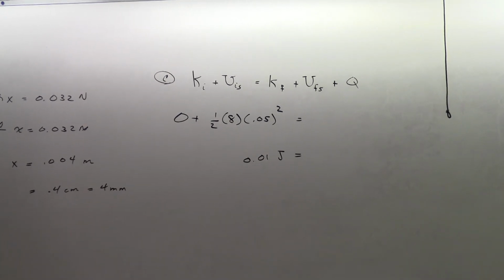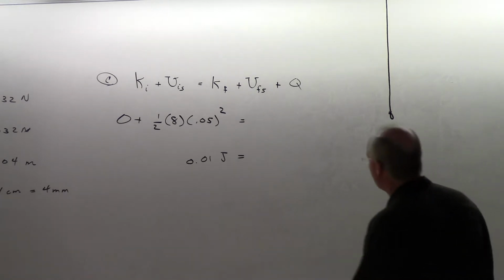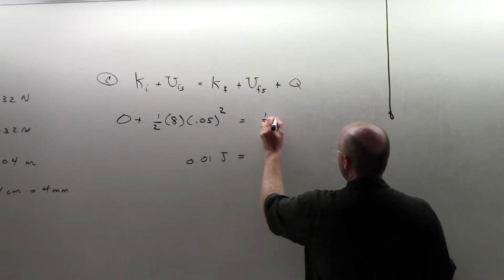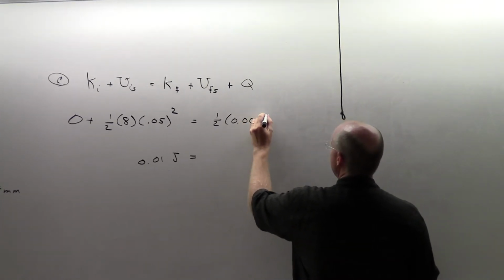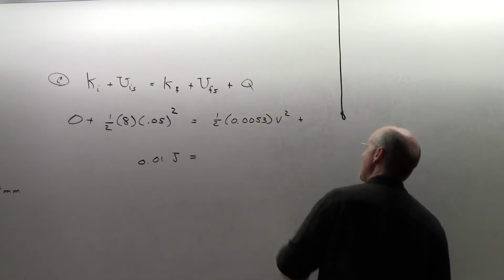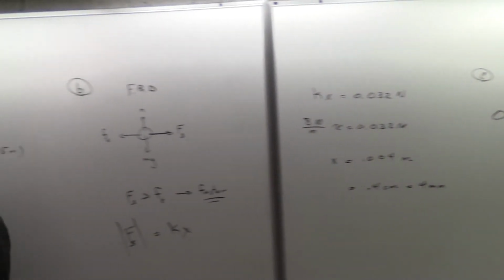Soft rubber ball. Let me not forget soft. And then the other side here is really what I'm after. That this is a 1/2 and this is 0.0053 V squared. And so again, that much looks the same as what we did in A.